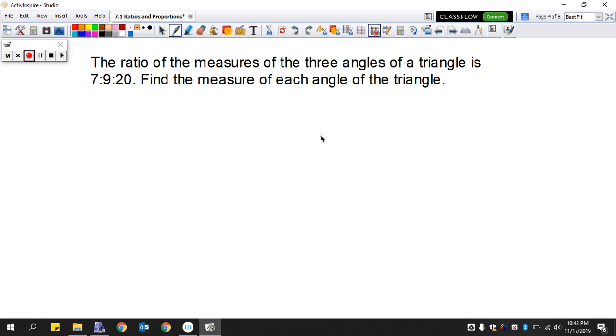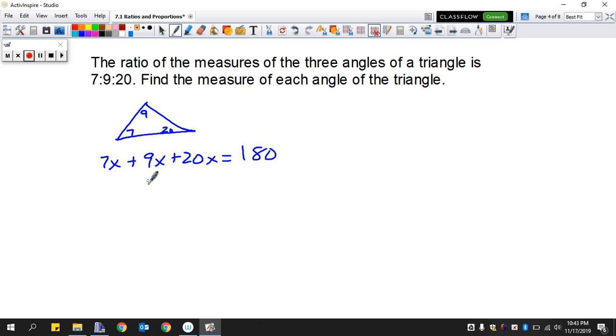The ratio of the measures of the three angles of a triangle is 7 to 9 to 20. Find the measure of each angle of the triangle. So this would be 7x plus 9x plus 20x is equal to 180.